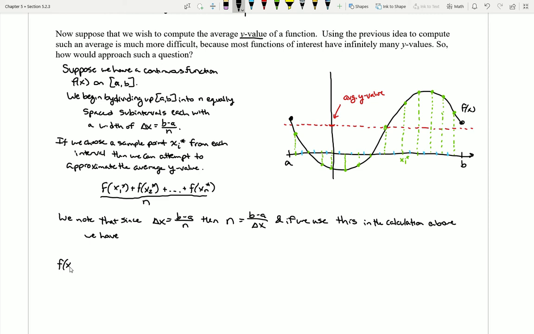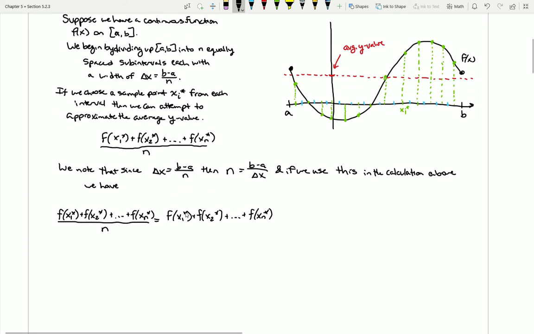I would be able to say that my f of x1 star plus f of x2 star, all the way up to f of xn star, all over n, could now be replaced with f of x1 star plus f of x2 star all the way up to f of xn star, but now divided by what n is equivalent to, which is b minus a over this value of delta x.